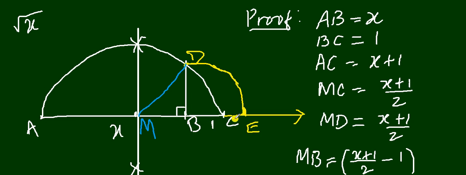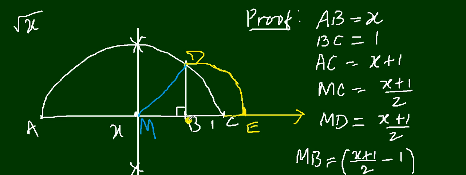Now the proof follows like this. As you can see, AB is equal to x, BC is 1 unit, therefore AC becomes x plus 1. Since M is the midpoint, MC becomes (x plus 1) over 2.